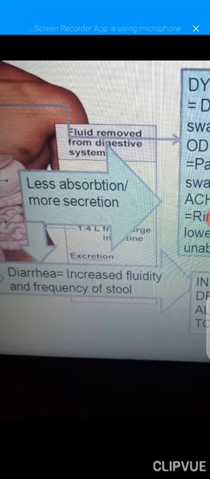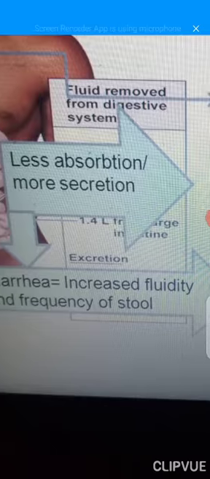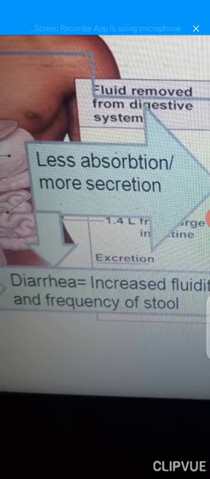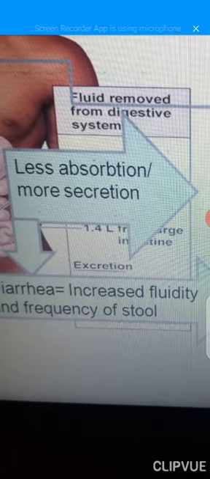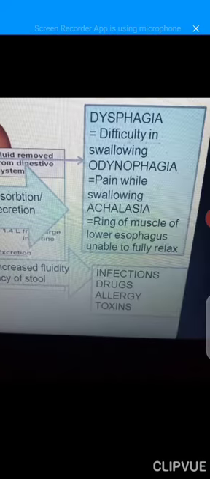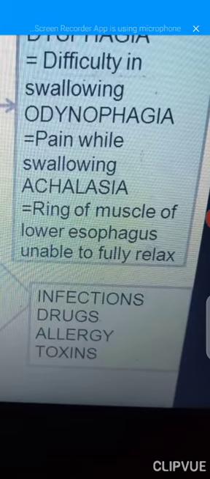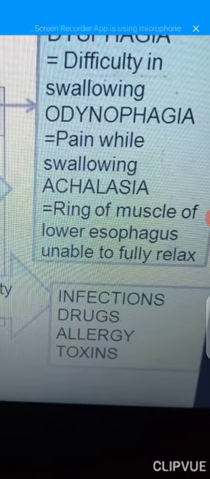Diarrhea is an increase in frequency and fluidity of stool, and this will be due to either less absorption or more secretion. Either of these will result in diarrhea, and diarrhea is one of the commonest symptoms, the commonest sign, of a gastrointestinal disorder.